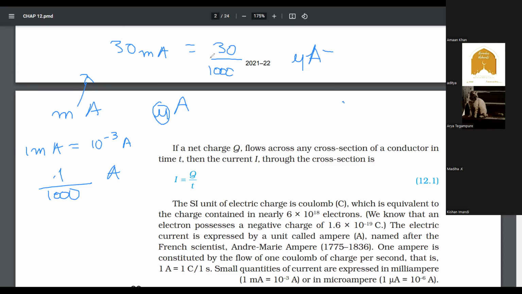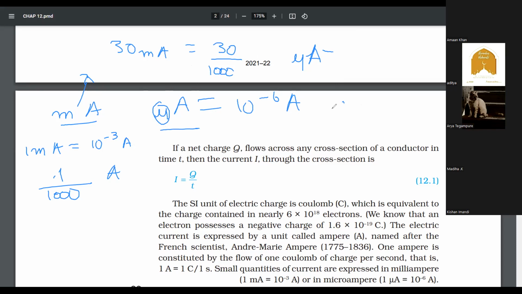So anyway, we have milliamperes, equal to 10 to the power minus 3 amperes, and microamperes, equal to 10 to the power minus 6 amperes. Especially in boards, these are the quantities that they will try to trick you on.